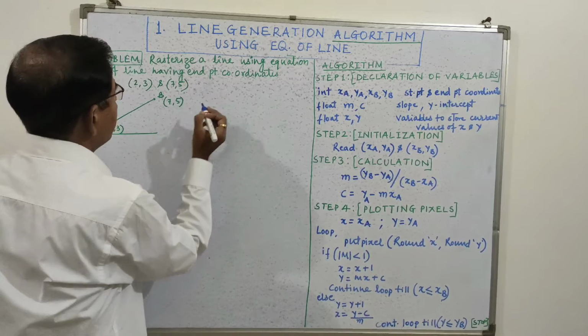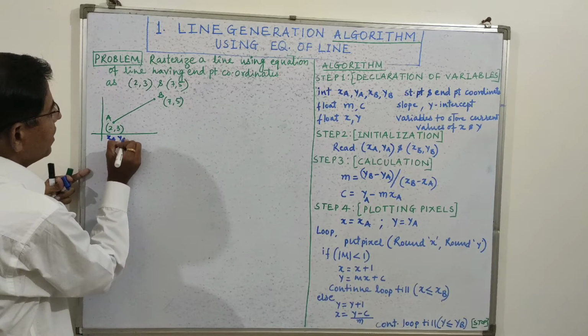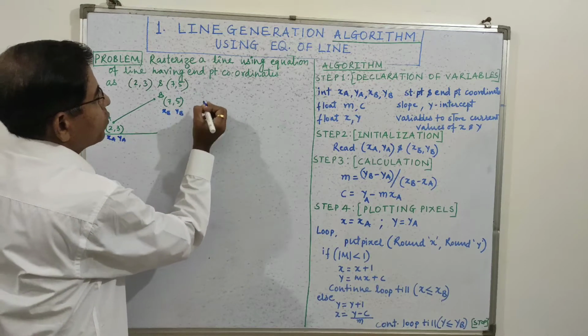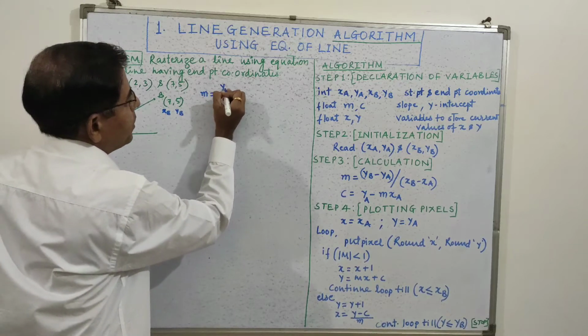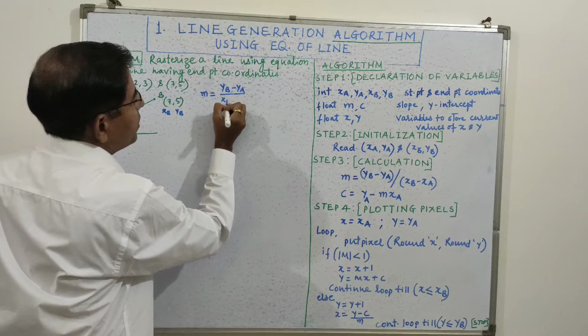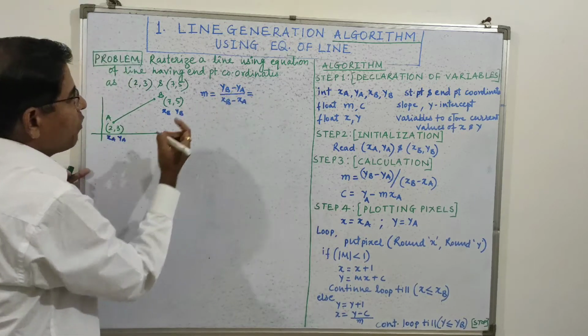M is given by, so this is your XA, YA, this is XB, YB. So first calculate the value of slope. M is YB minus YA upon XB minus XA. So what is YB?